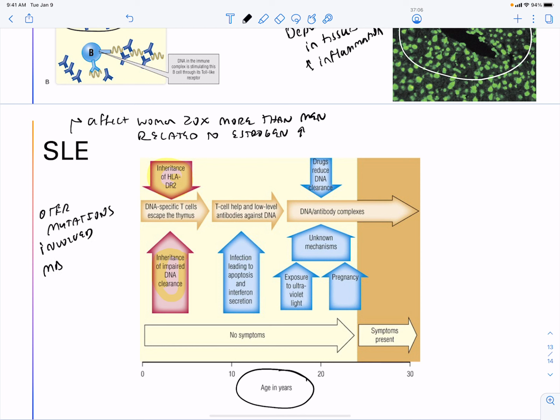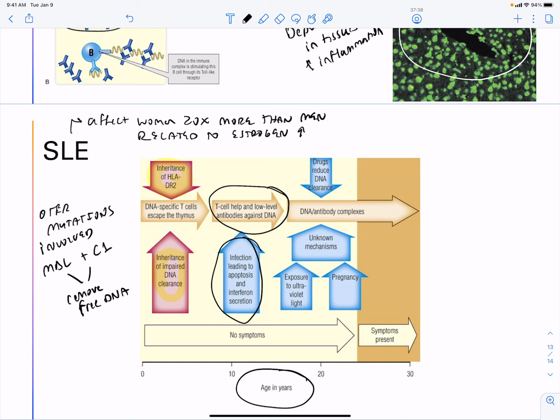We have our mannan-binding lectin and our complement, and these will remove DNA. And so if there are mutations in them, then they can't remove the DNA. And so this could potentially lead to activation of self-reactive B and T cells. We have T cell help with low-level antibodies made against DNA. And then you can have infections that are going to increase apoptosis, increase free DNA, and add to this response.